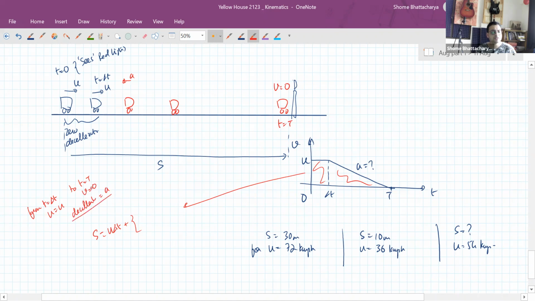So the relation is 0 is equal to u square minus 2 times a into the displacement. So the displacement in the second part, delta s, is u square by 2a.